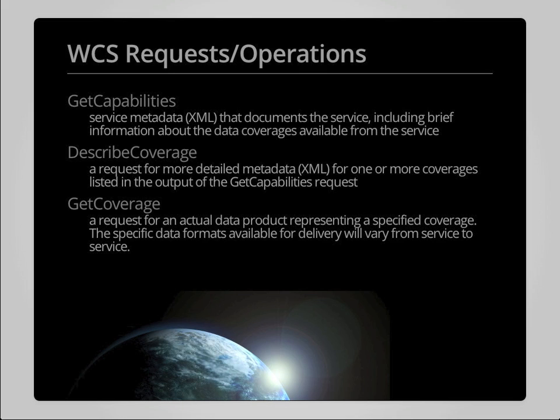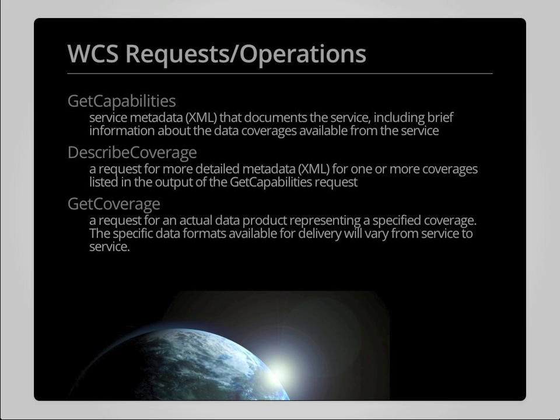Similar to web feature services, more detailed information about individual coverages can be retrieved using the describe coverage request, where you can specify one or more coverages that you would like additional information about beyond the brief information provided as a part of the Get Capabilities XML document.